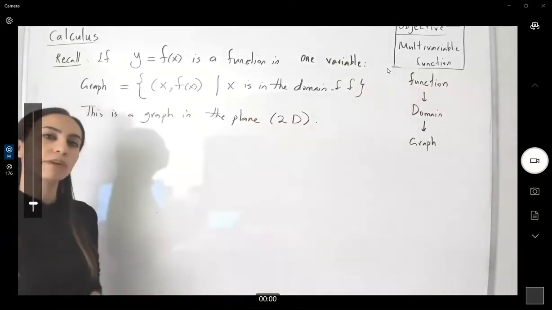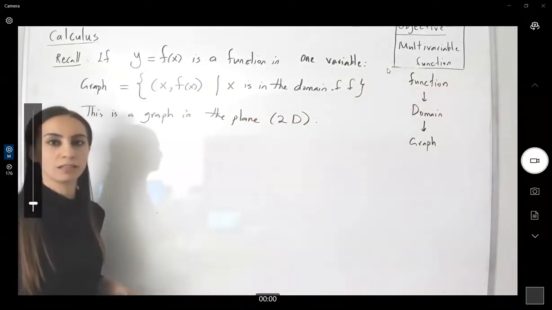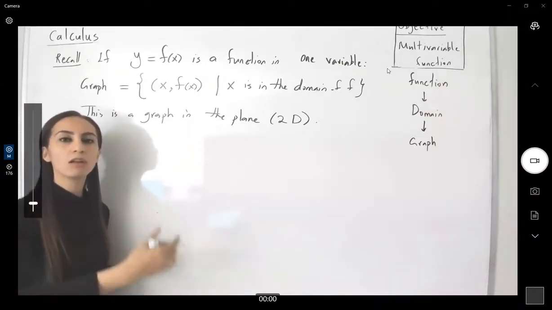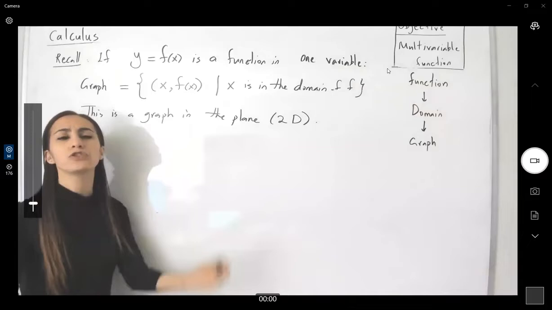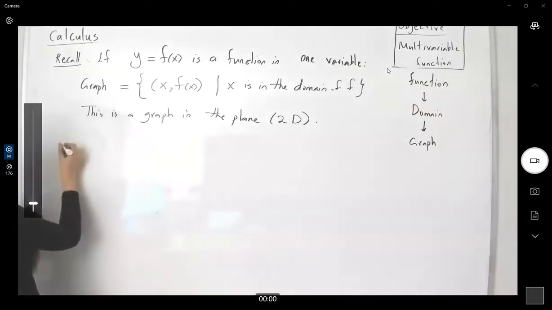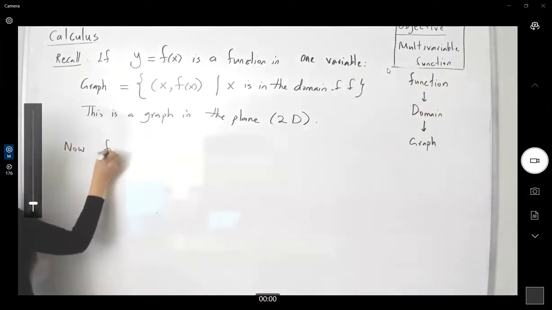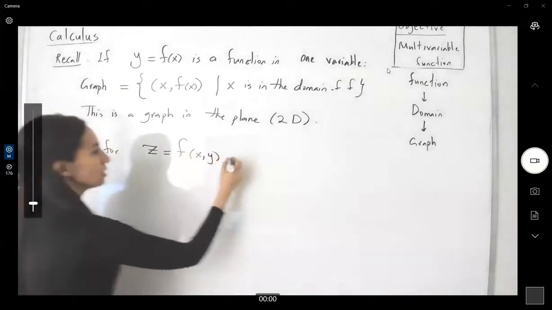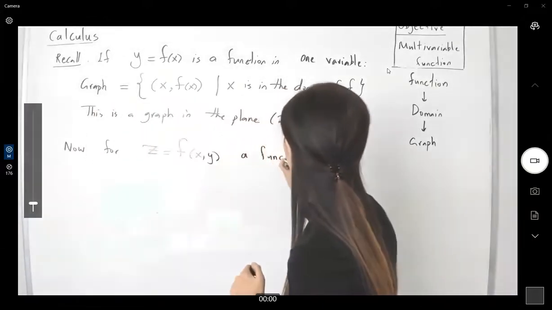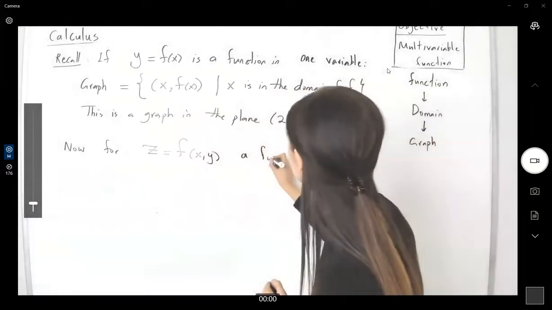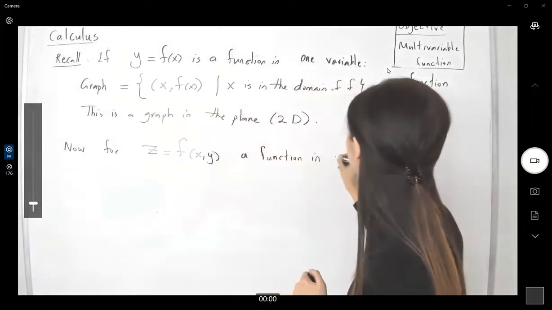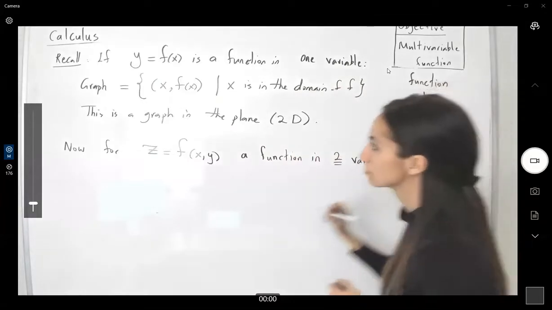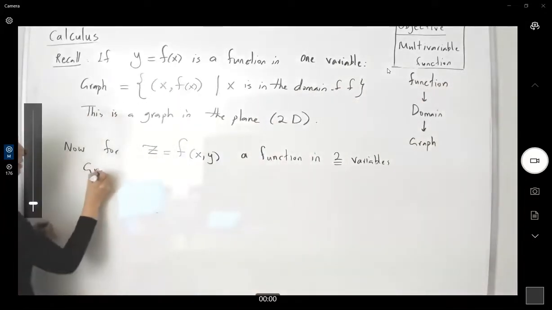If I add a new variable and define a function in two variables, I'm actually using all of those triples to visualize the function. Now, for z equals f of x and y, a function in two variables, the graph is defined this way.